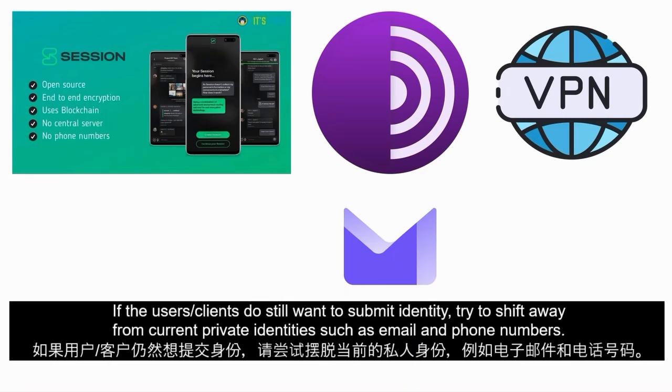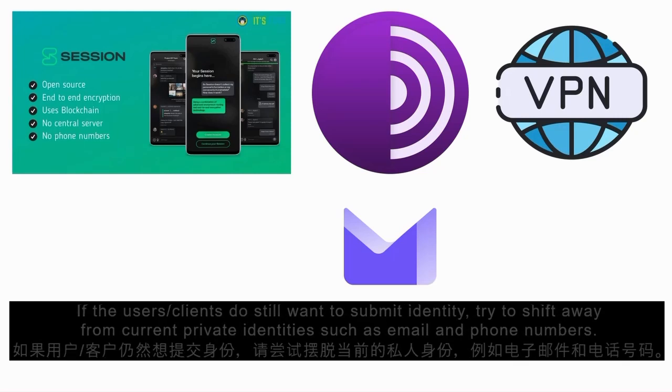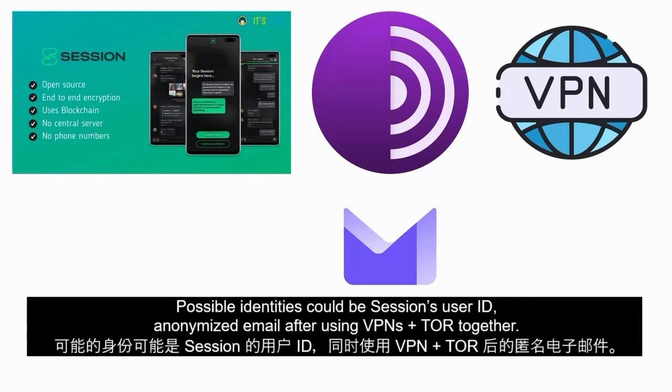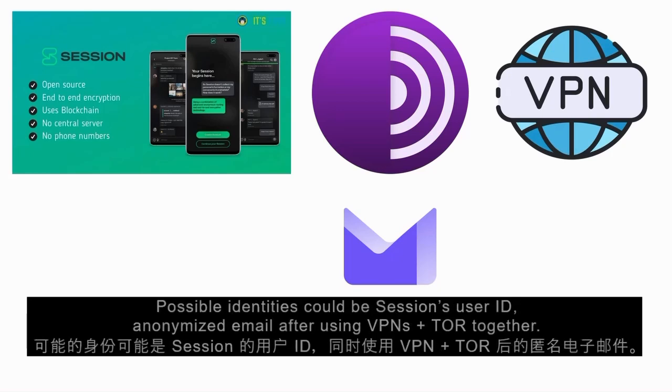If the users or clients do still want to submit identity, try to shift away from current private identities such as email and phone numbers. Possible identities could be session user IDs, or anonymized email after using VPNs and Tor together.